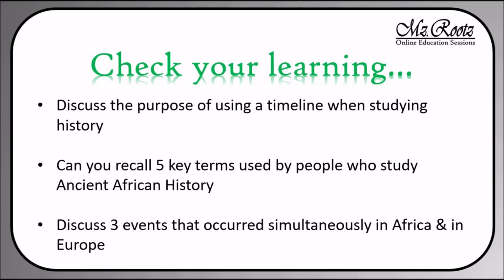Can you recall 5 key terms used by people who study ancient African history? Next question. Discuss 3 events that occurred simultaneously in Africa and in Europe. Again, the answers are all within this session. If you're not able to answer these questions now, rewind and revisit.